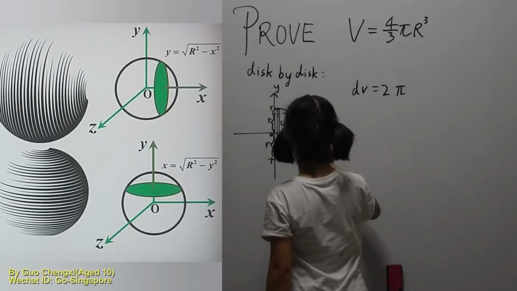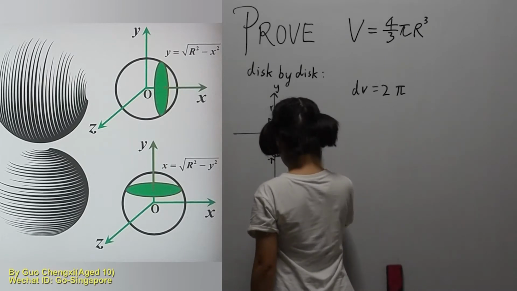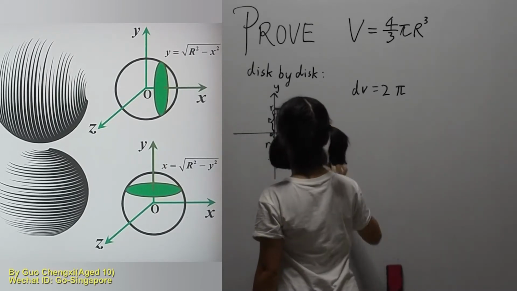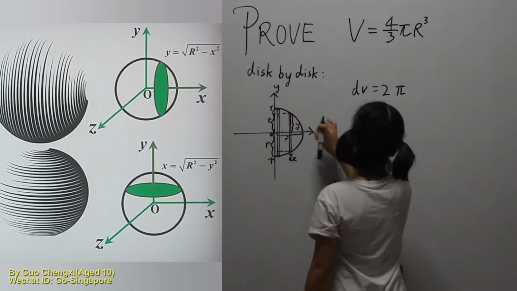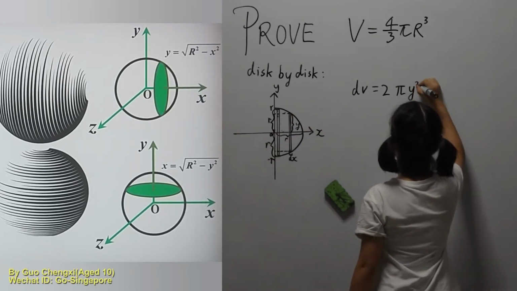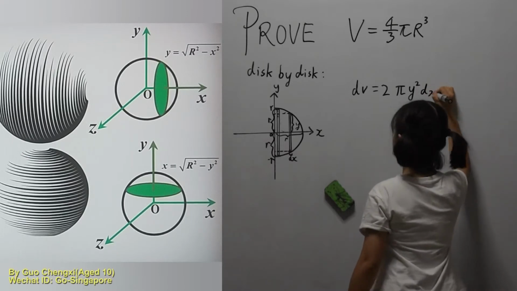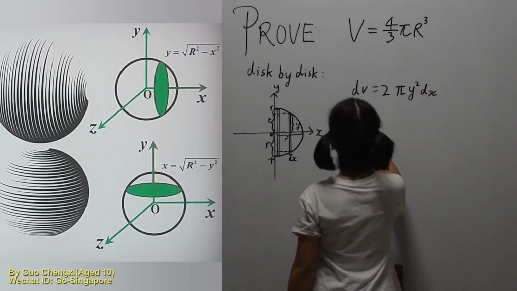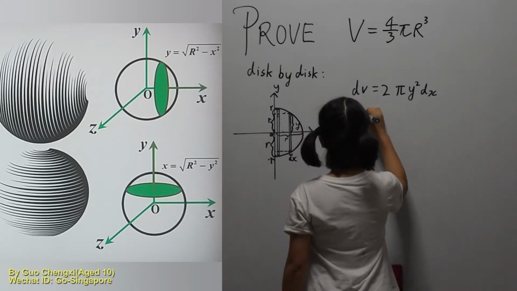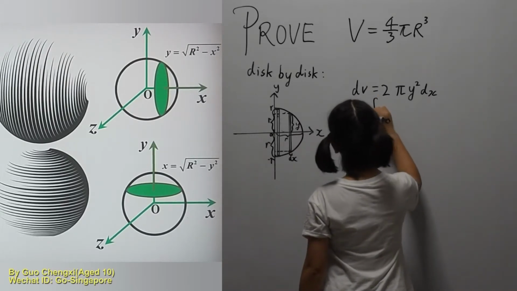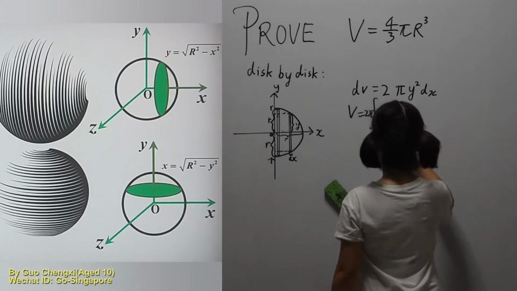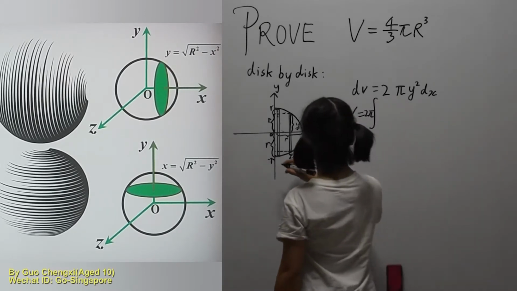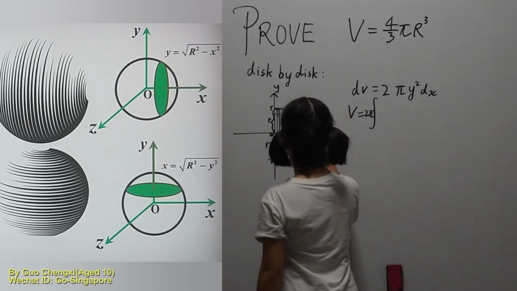This length is y, as stated. y is changeable. So pi y squared dx, like this. Now over here, what does V equal? Take the 2 pi out, and then this is from where to where? Where is x going? x is 0 to r.